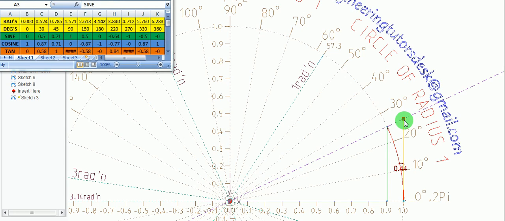At this point, it is clear that sine, cosine, and tan are simply the names of the lines. Now we'll understand the behavior of the lines when we change the angle.